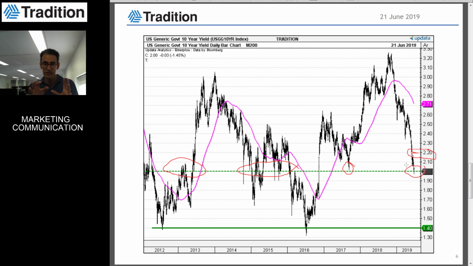My conviction in such a move remains quite moderate, I would say, because until now the momentum has been incredibly strong on bond markets, not only government bonds but also high yield, emerging bonds.